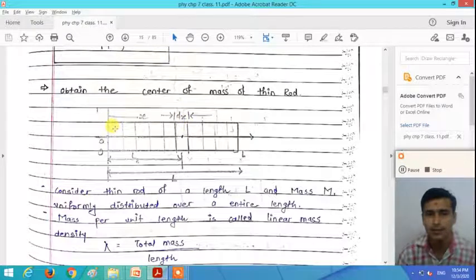Dividing the whole thin rod into infinitesimally small segments of length dx, we need to calculate the mass of this small segment.